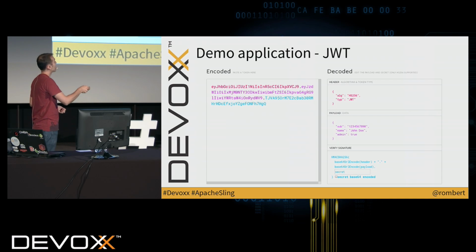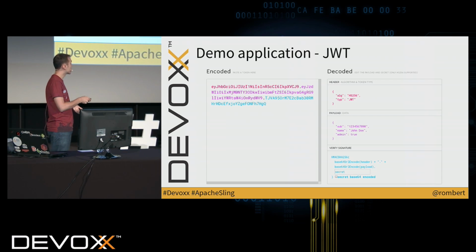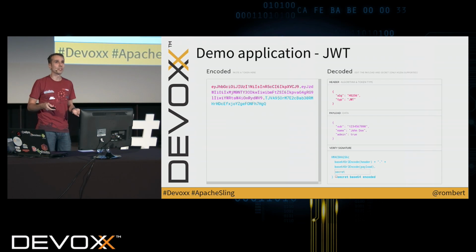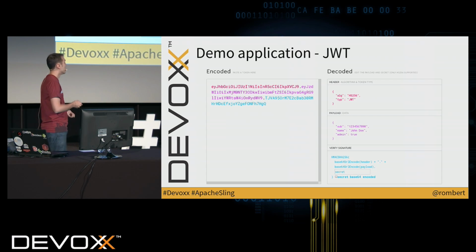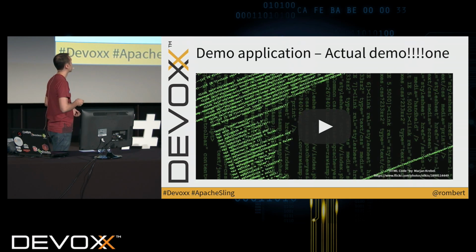This is the data, these are my claims. This is John Doe, and he's an admin. And then a signature. It's important to see here that it's not encrypted, so confidentiality is not ensured. You need to check the signature to see that the message has indeed not been tampered with.